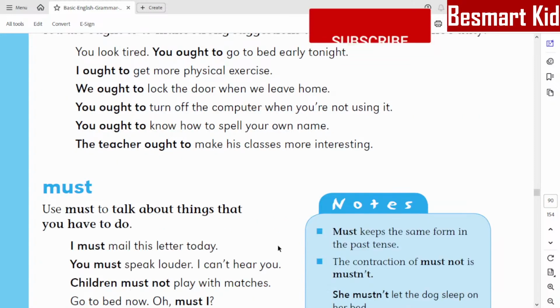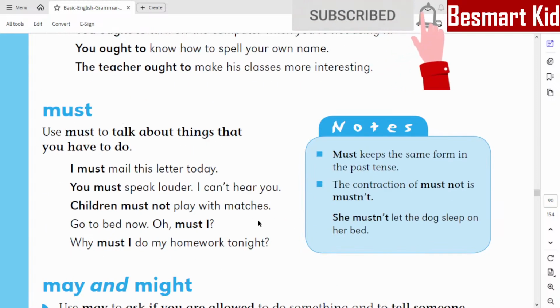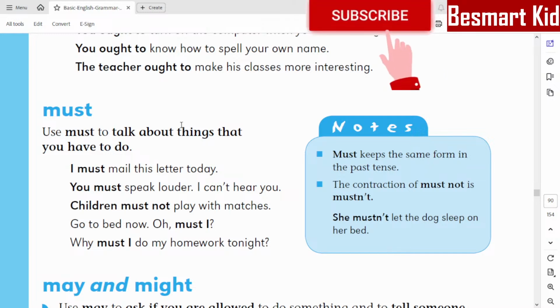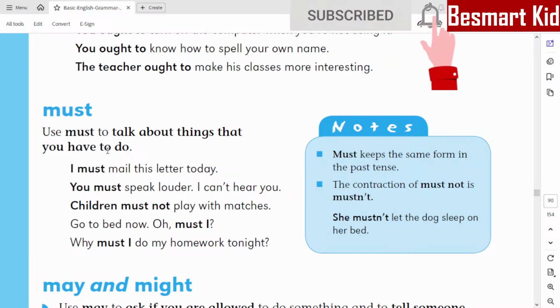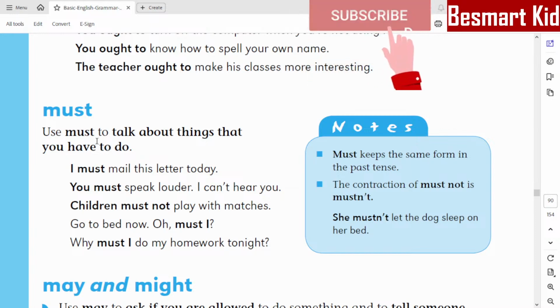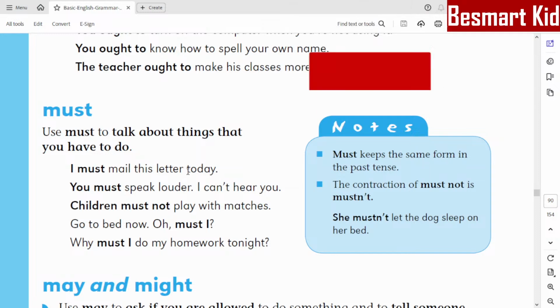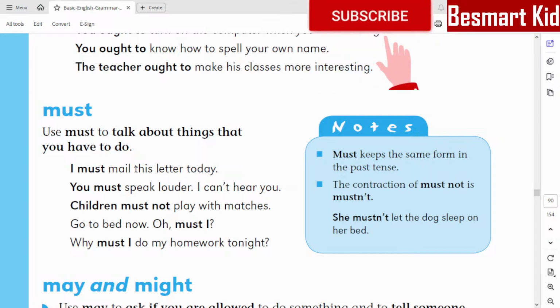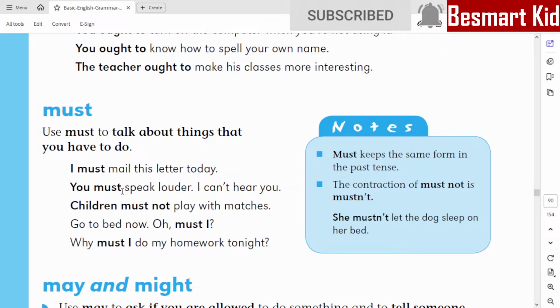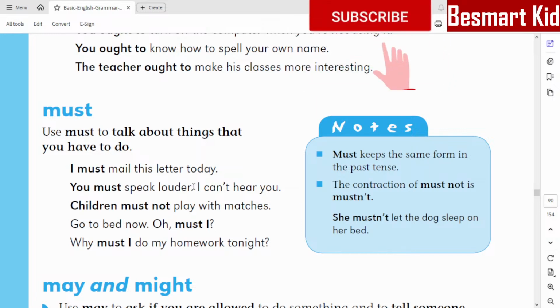Now we have must. Use must to talk about things that you have to do. I must mail the letter today. You must speak louder.